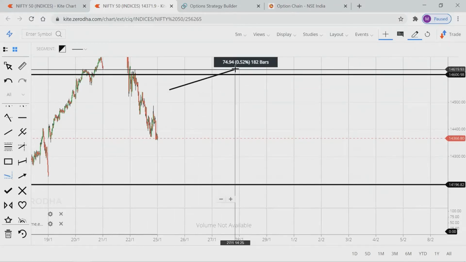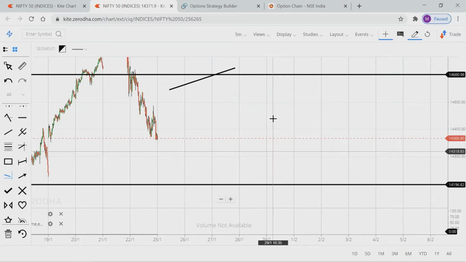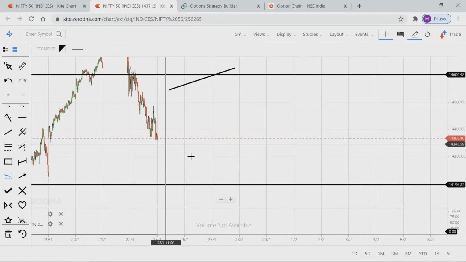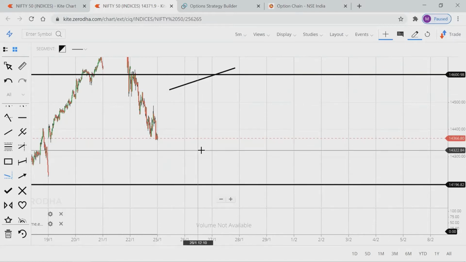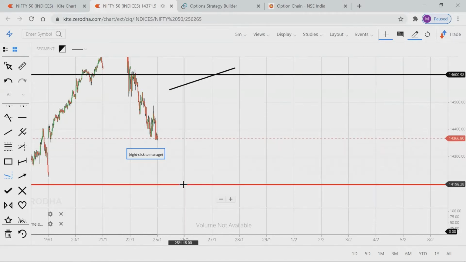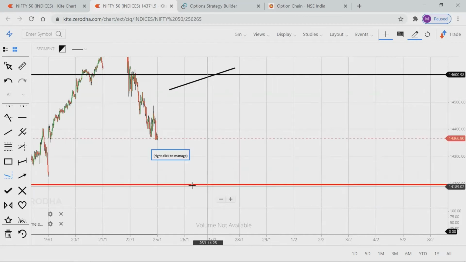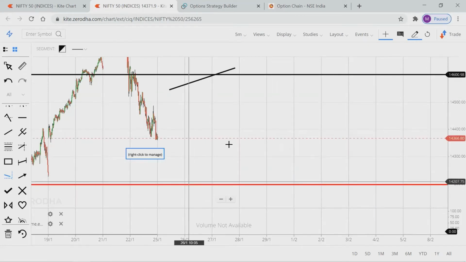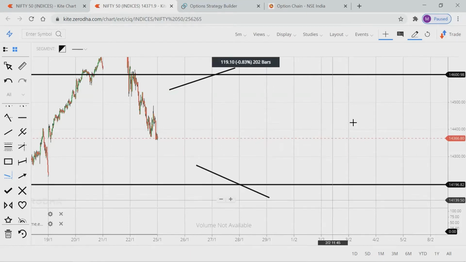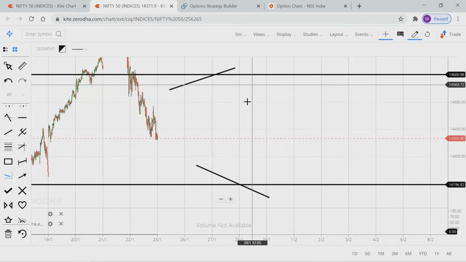Market was very wild and volatile. And imagine that our upper boundary is broken. Okay. In that scenario, you will get profit from put side. Okay. If this lower boundary is broken, then you will get profits from call side.